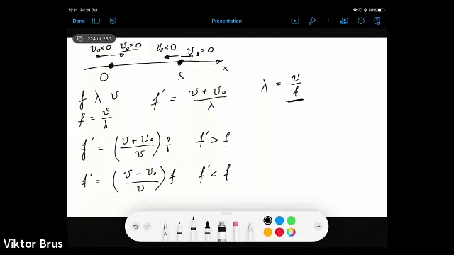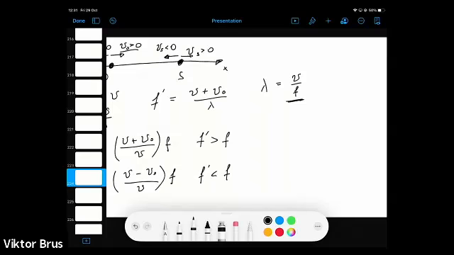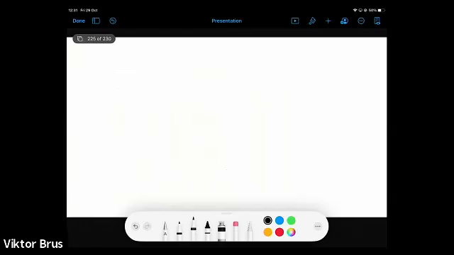Let us consider the case when the source is moving and the observer is stationary. Again, the generated sound has some wavelength lambda.